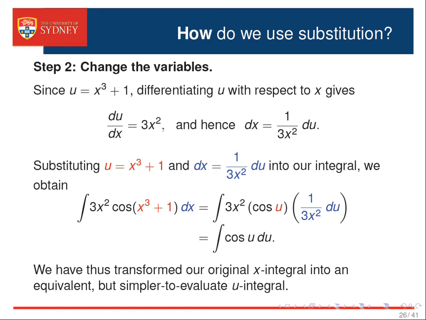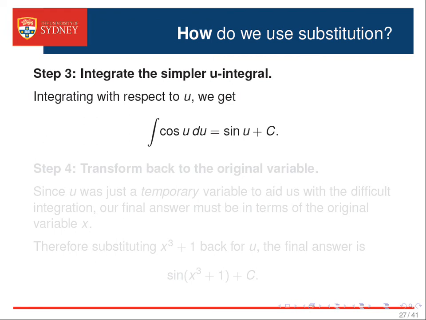We have thus transformed our original integral, expressed in terms of the variable x, into an equivalent but ultimately simpler integral expressed in terms of the new variable u. Evaluating the new integral with respect to u, we obtain sine u plus our constant of integration c.